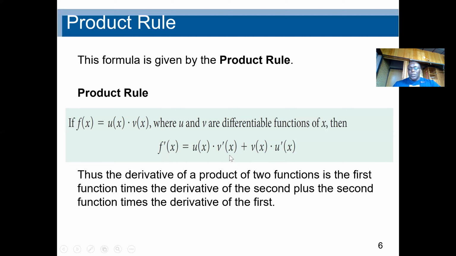No. It says find the derivative of u times v plus derivative of v times u. It doesn't matter which one first, whether derivative of v first or derivative of u first. We get the same answer because 2 plus 3 is the same as 3 plus 2. Remember, we have addition here.